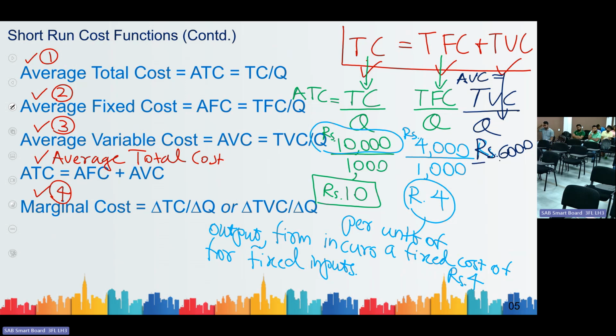So 6,000 divided by 1,000, the value is 6. So per unit of output, the firm incurs a variable cost of 6 rupees for variable inputs.